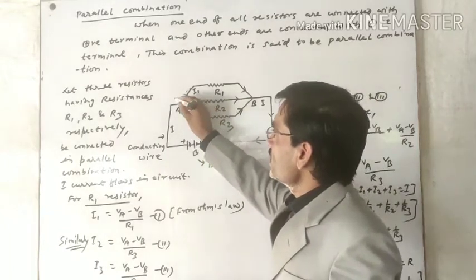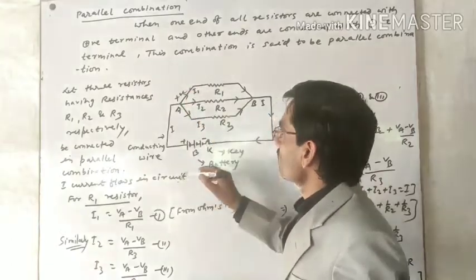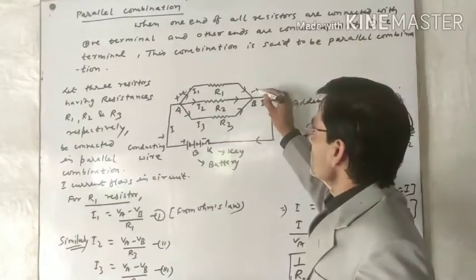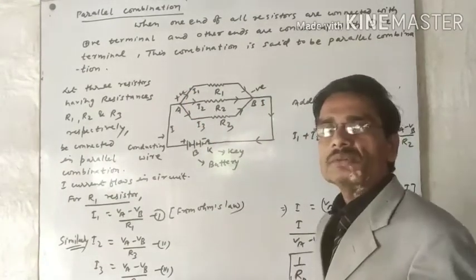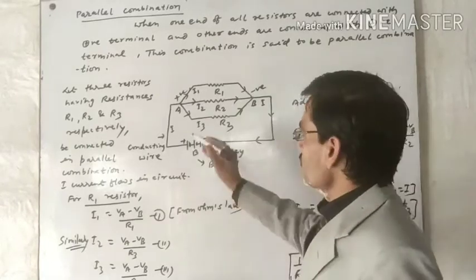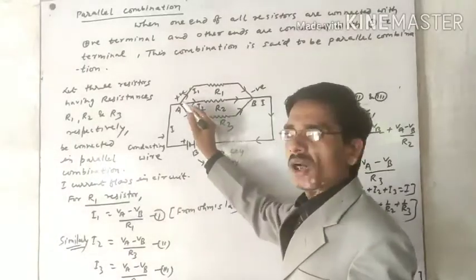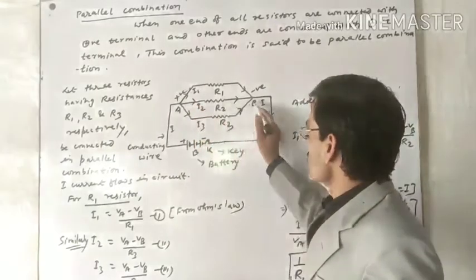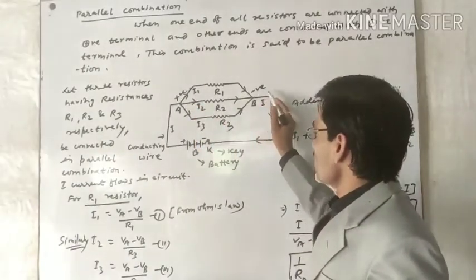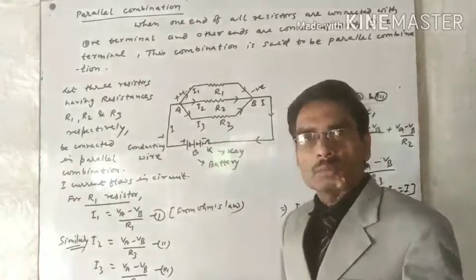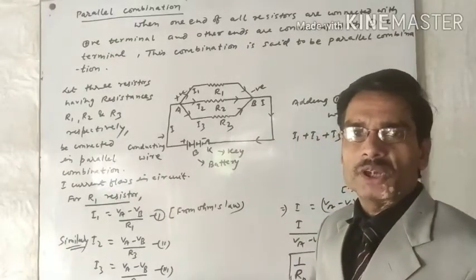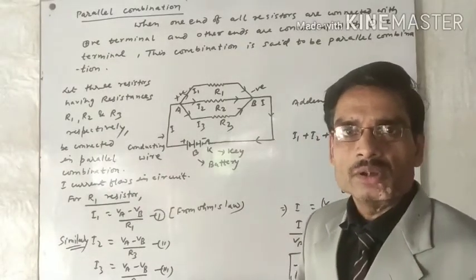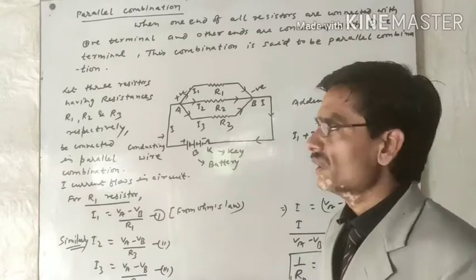All three resistors are connected with positive on this end, and these are negative. This type of combination is said to be parallel combination.